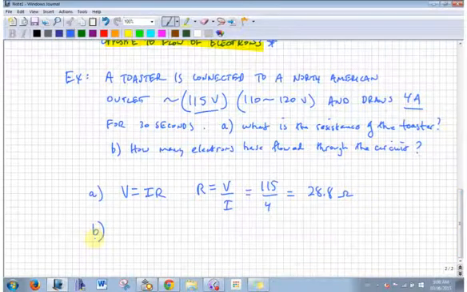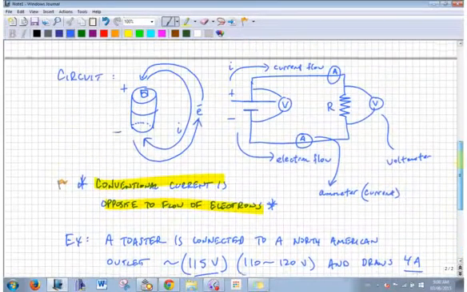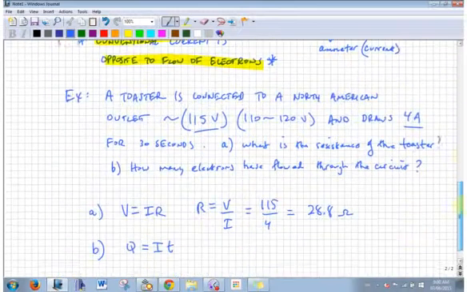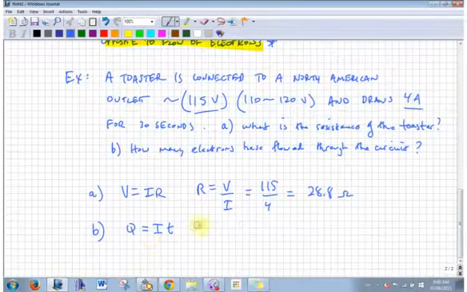B, how many electrons have flowed through the circuit? And I know it's the opposite direction to current, but so what? What do I know? I know Q is IT, because I is Q over T. So how much charge has gone through?